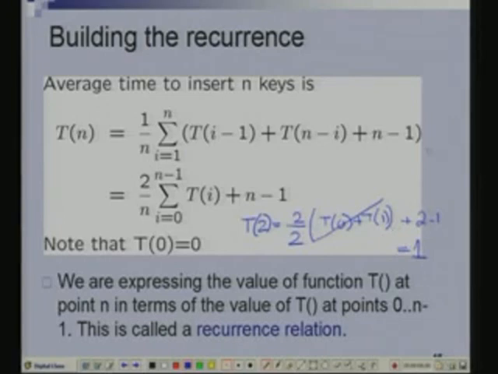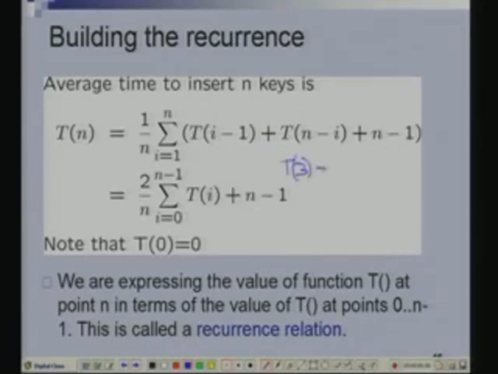And if you are not convinced so far, let us also compute t of 3. T of 3 will be 2 over 3 times t of 0, which is 0, so let me ignore that, t of 1, which is also 0, let me ignore that, t of 2, which is non-zero, so let me leave that around, plus n equals 3, 3 minus 1.